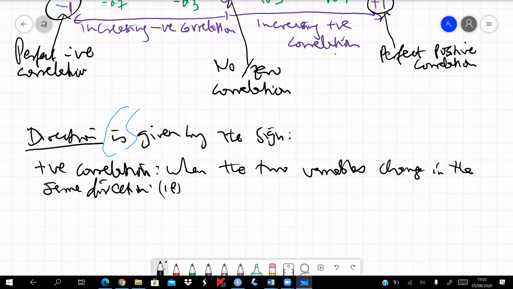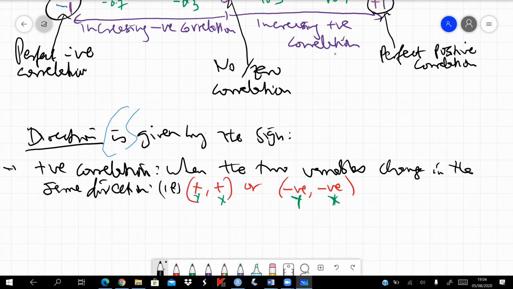So that means either you have an increase, a positive and a positive, or a negative and a negative. Let's say y and x. When y increases, x increases. That will result in positive correlation. Or when y decreases, then x also decreases. That is also positive correlation.